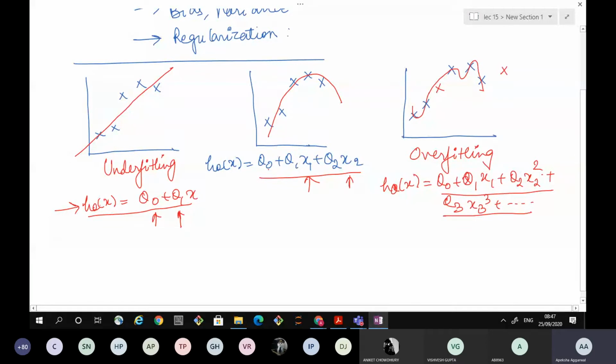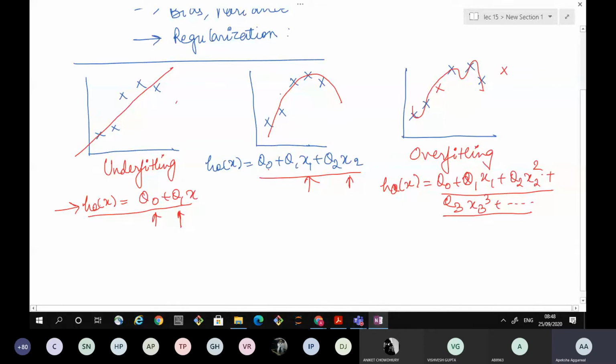So what it is doing over here is it's representing the actual points, but in a way that it is not properly generalizing for all the points. It is specific for each and every point. It is not generalizing for all the points.